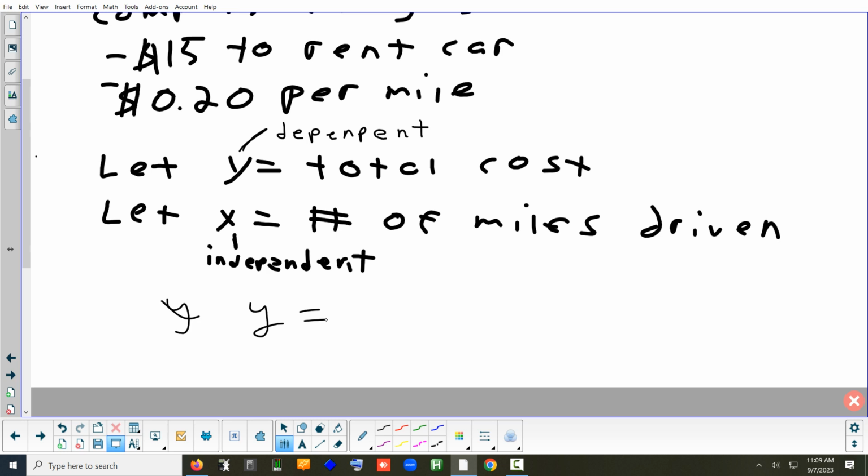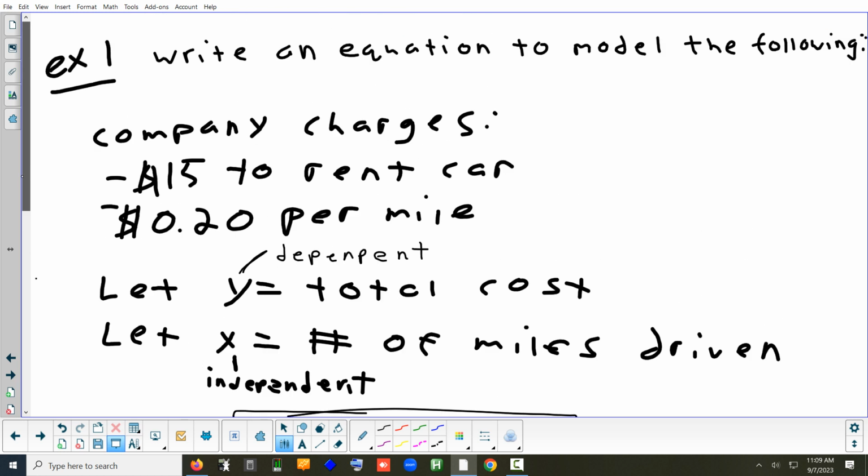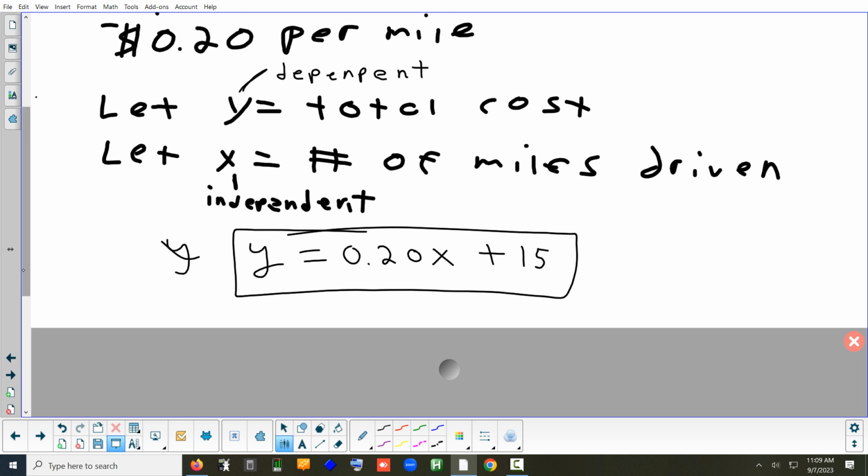All right, so starting with y equals 0.20x, just like that, plus 15. Plus 15. Perfect. Okay, so they asked us to come up with that formula, and we did. Those were the directions: write an equation to model the situation. Any questions on that?